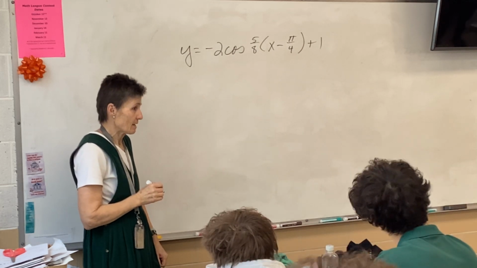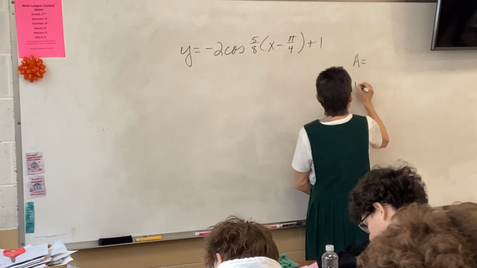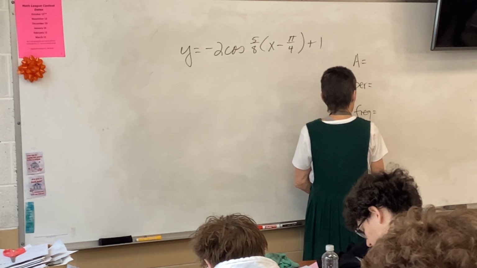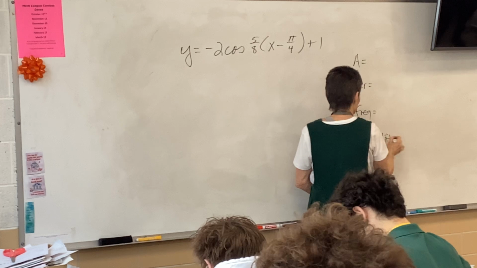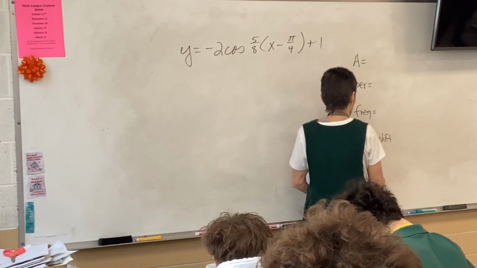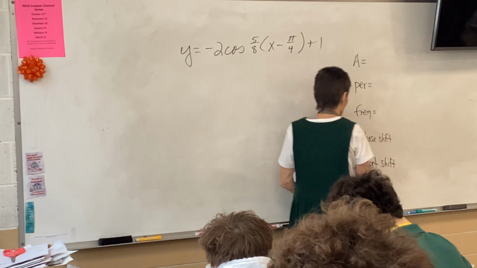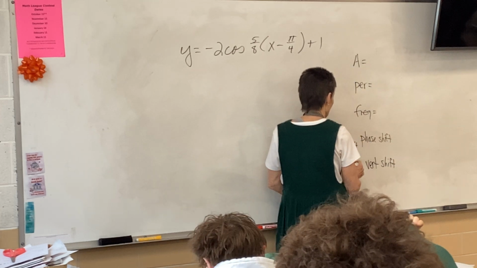And we're gonna sketch this and list everything: amplitude, period, frequency, phase shift, which is horizontal shift, and then vertical shift, which is midline. So we have different words for stuff: horizontal shift and midline.